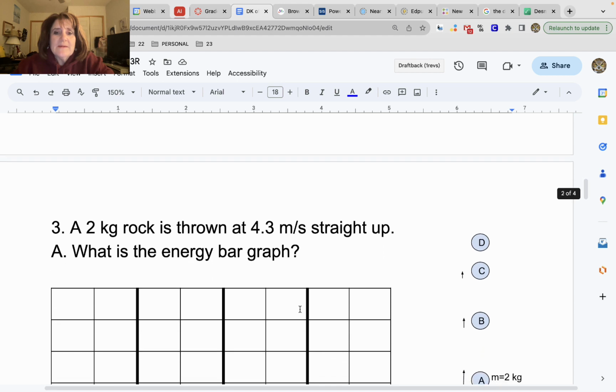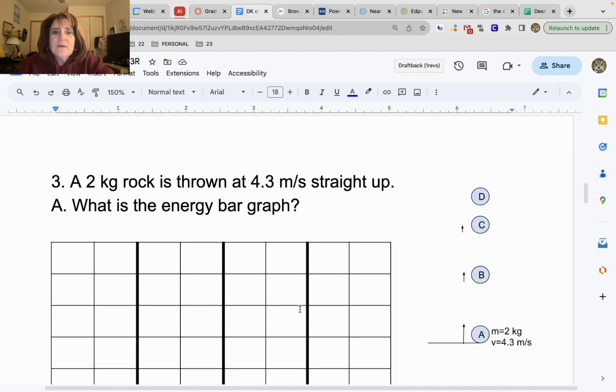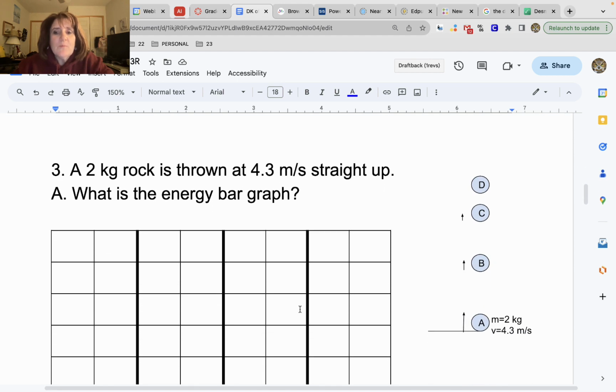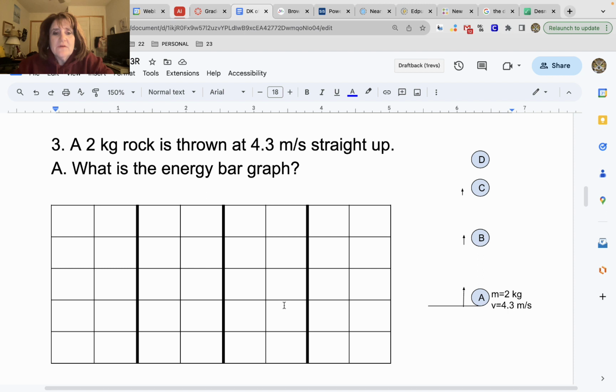Question number 3. A 2 kilogram rock is thrown up at 4.3 meters per second. What is the energy bar graph? Okay, so A is down here at the bottom, and notice it is moving. So I have Ek at position A, and that's all I have.